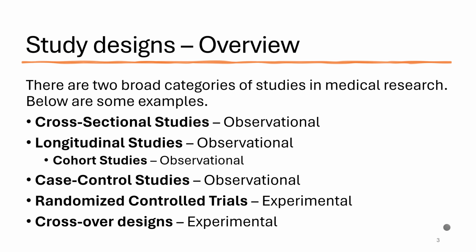So study designs fall under two broad categories in medical research: observational studies and experimental studies. In observational studies, as the name alludes, you're not intervening in any particular way. You're just observing the data as it is and making inferences from that data.